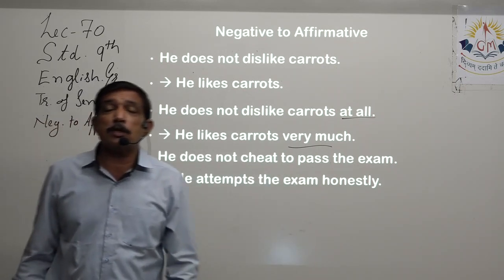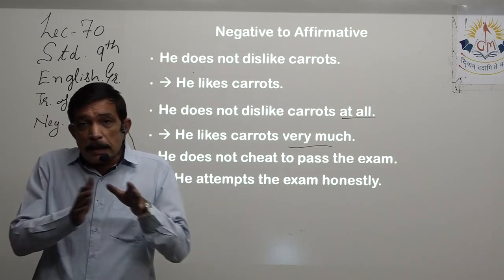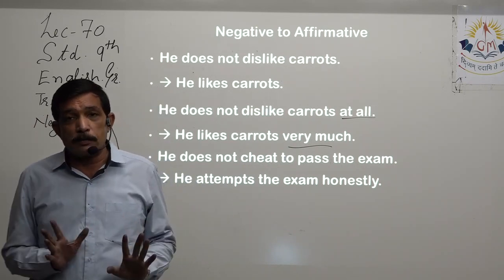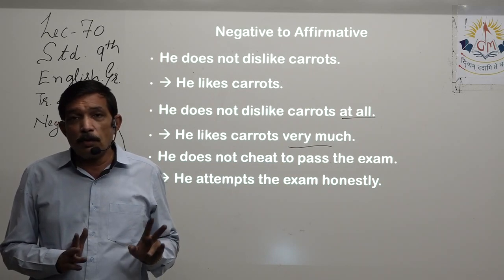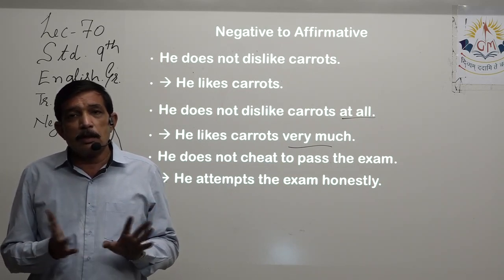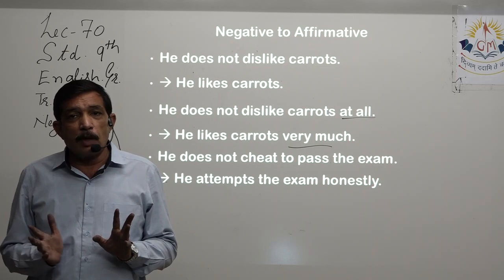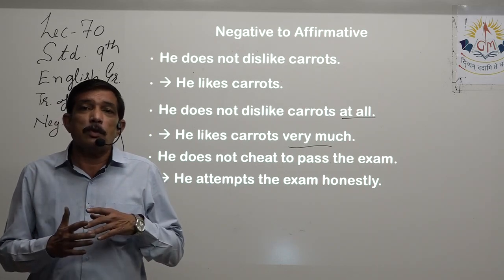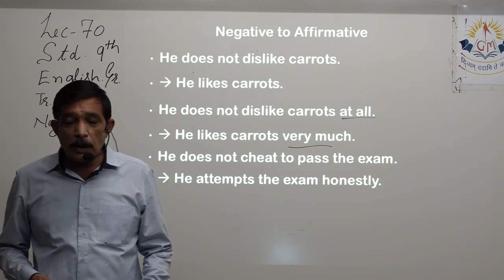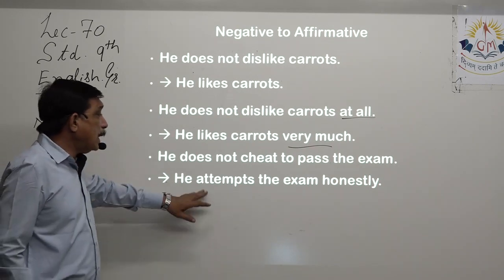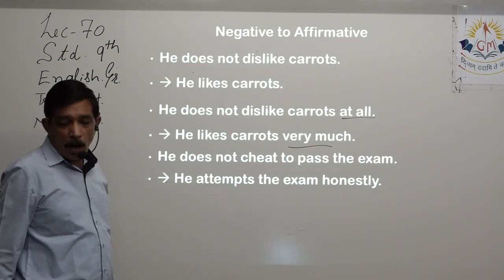So he attempts the exam honestly. He does not cheat to pass the exam. I just elongated the sentence a lot. Otherwise, I could have written he dishonestly gives the exam, right? But I wanted you to work on it. So he does not cheat to pass the exam. He attempts the exam honestly.